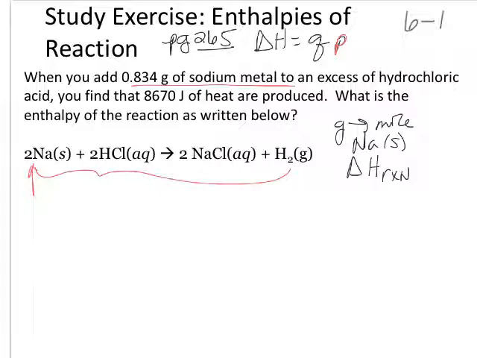Like 2 moles of sodium, 2 moles of HCl, 2 moles of sodium chloride, and you can make that into a conversion factor. And there are a couple ways to calculate delta H of reaction using Hess's law and the delta H of formation that's talked about in chapter 6.